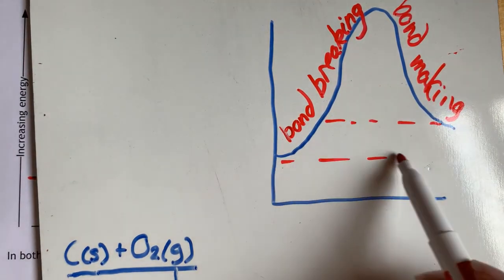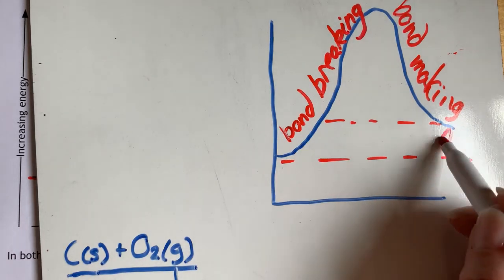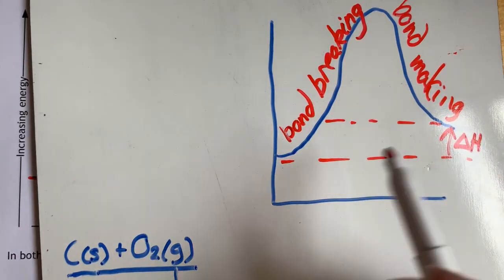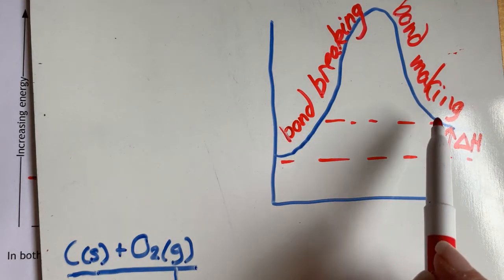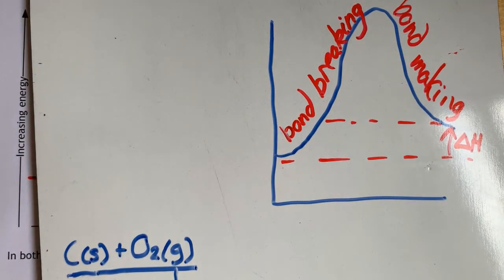Thereby the delta H occurs because of the balance between the energy put in to break all the bonds and the energy released when we make those bonds.